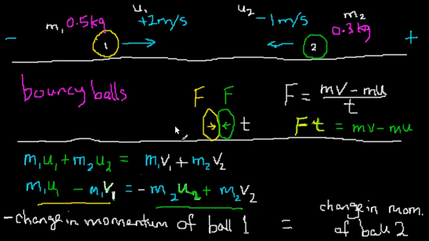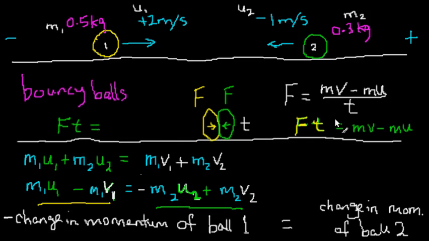the yellow ball. Now, from the green ball, I have a force that acts on the yellow ball. So let me write that down. The force from the green ball pushes on the yellow ball for a time t. So same force, same time actually, same magnitude of force at the same time.